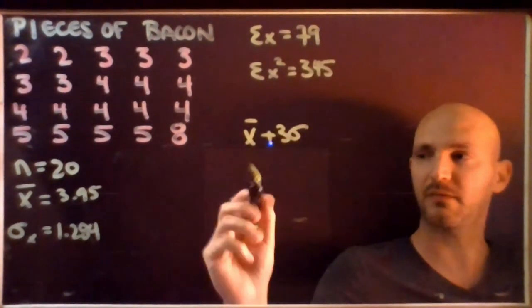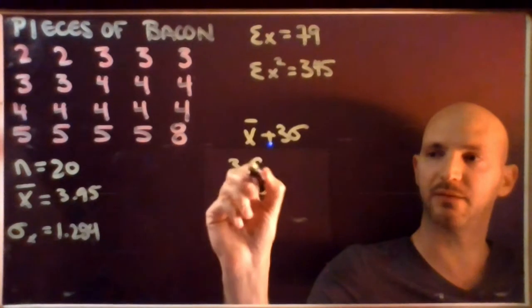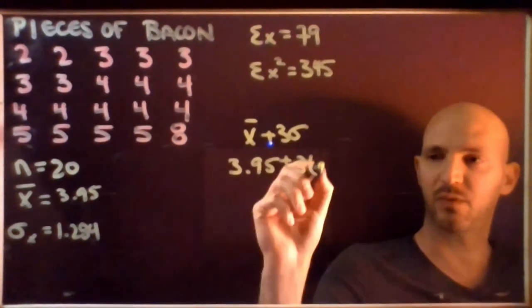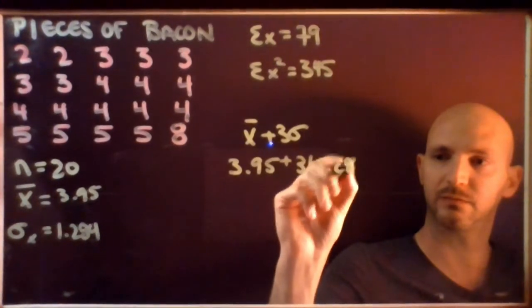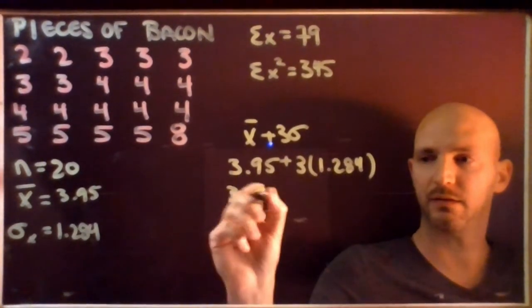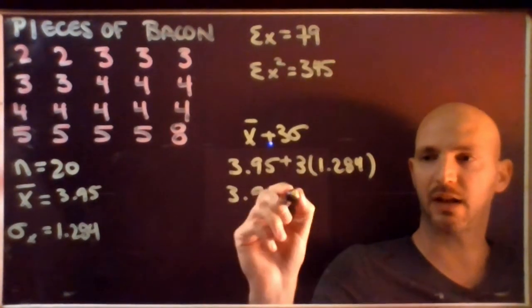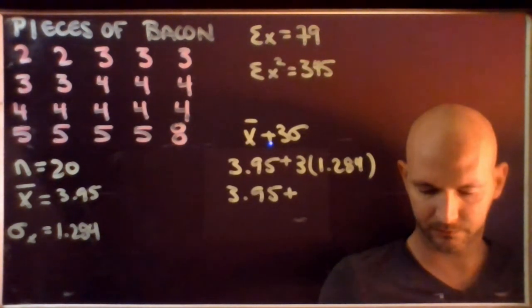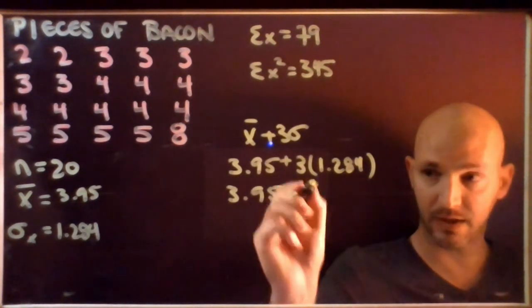So my average was 3.95 and my standard deviation is 1.284. So 3 times 1.284 is 3.852.